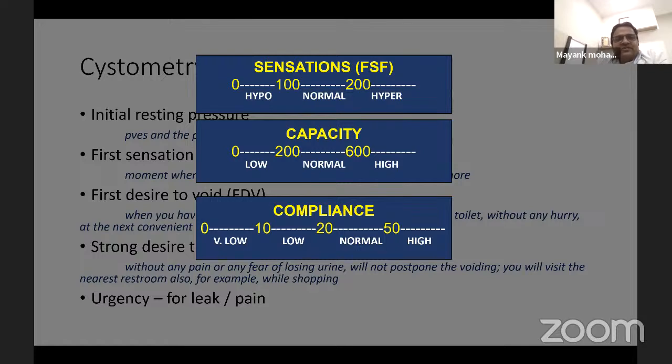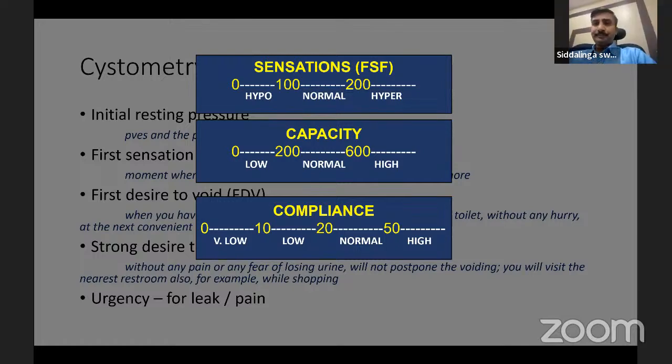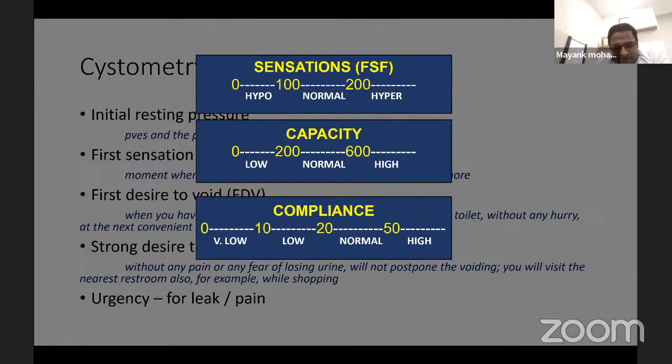For example, these are loose definitions, not very well researched. Generally, if the first sensation comes between 100 to 200, we call it normal. If the capacity is something like 300 to 500, we call it normal. The bladder compliance is the total bladder capacity divided by the last filling pressure. If this value is more than 20, it is considered to be normal, although there is a lot of individual variation in women, in neurogenic bladder patients and all.